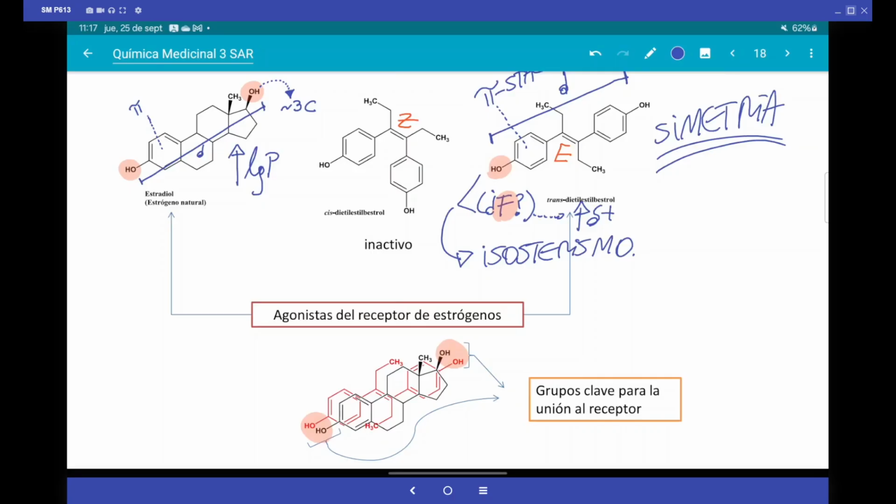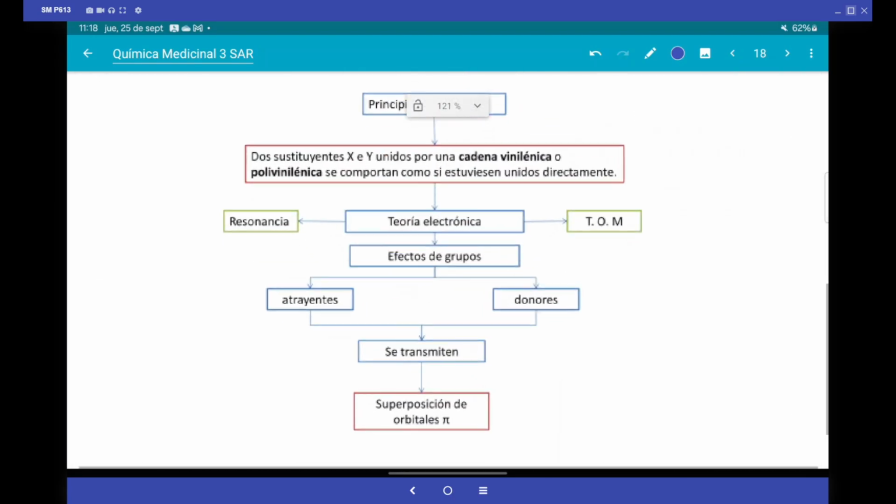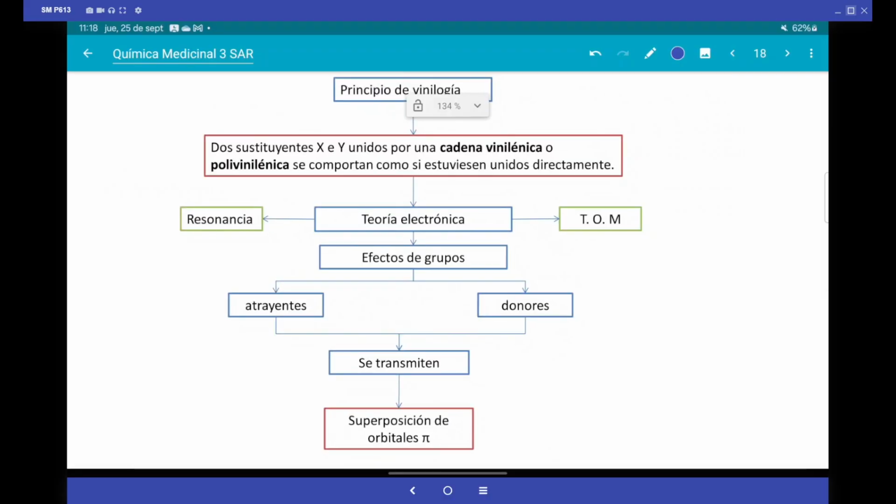Very well now. Then, the underlying principle of inserting double links says that two substituents X and Y joined by a vinylic chain or polyvinylic chain, call it a double link, or several conjugated double links, or for example, a double link and an aromatic ring, behave as if they were joined directly.